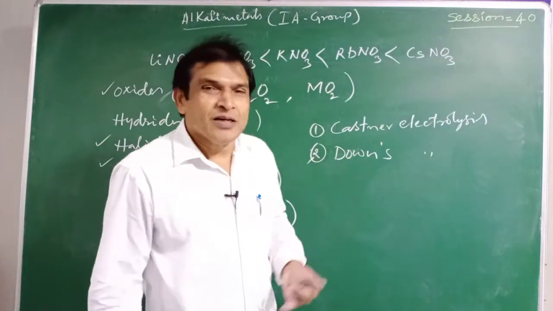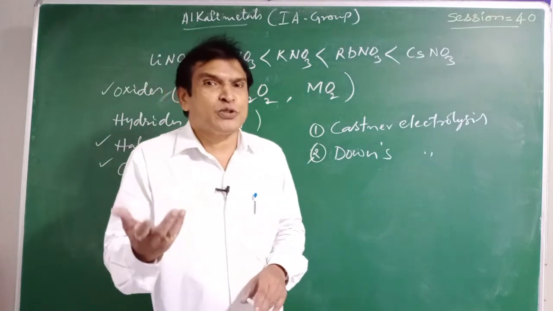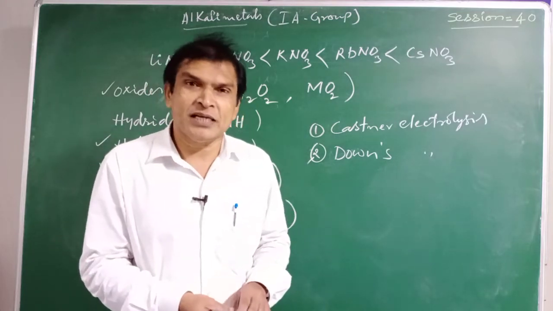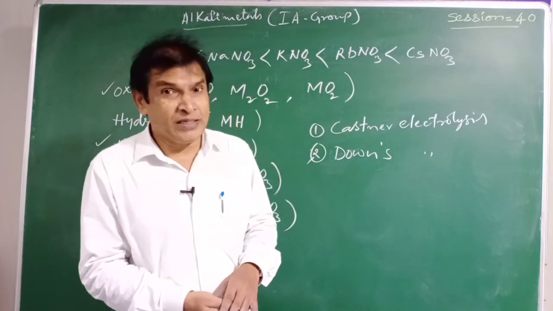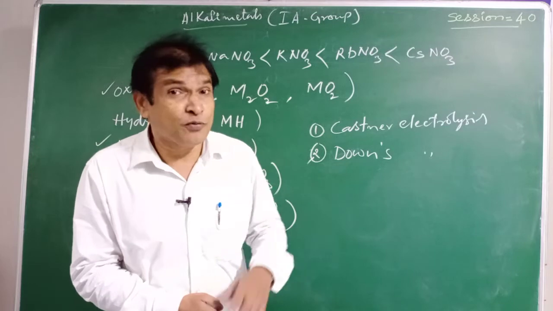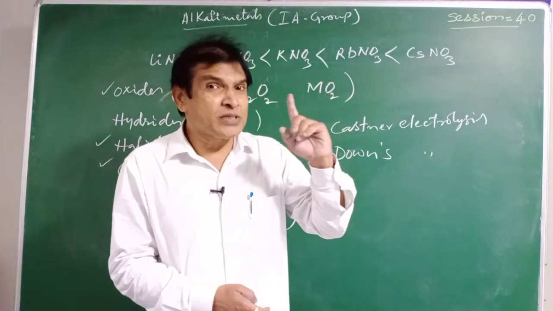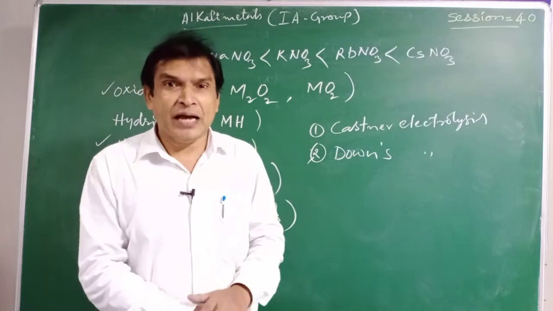In this, sodium metal can be extracted from brine solution, that is fused NaCl. The brine solution is electrolyzed in the presence of an iron cathode, that is a steel cathode, and graphite anodes.